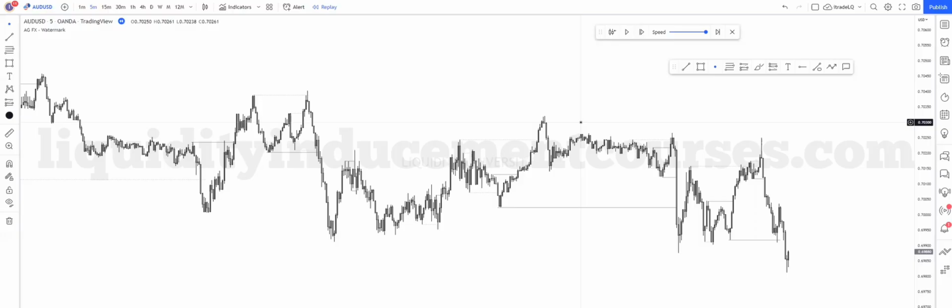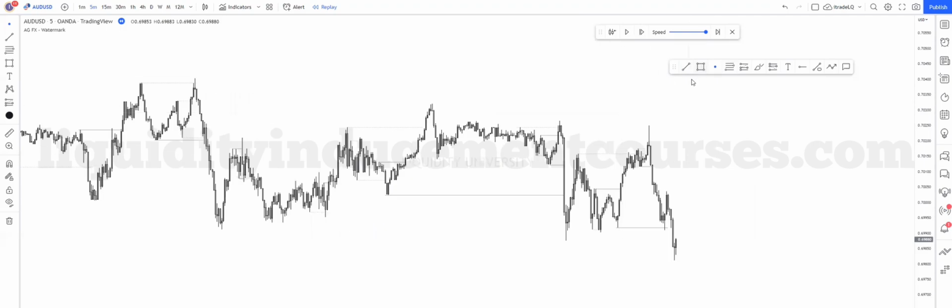Right? So for example, you may not like this. Maybe you're like, well, I don't like it because of that wick. I don't like it because of that. I don't like it because of this. Right? Every person has their own view, their own reason why they would or would not take a trade. Because everyone's different.